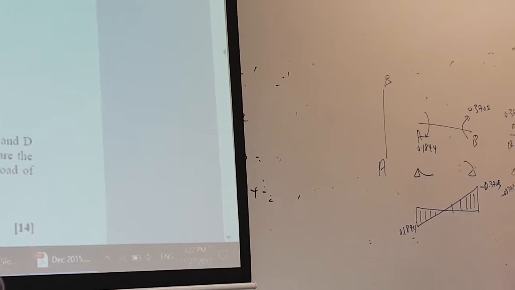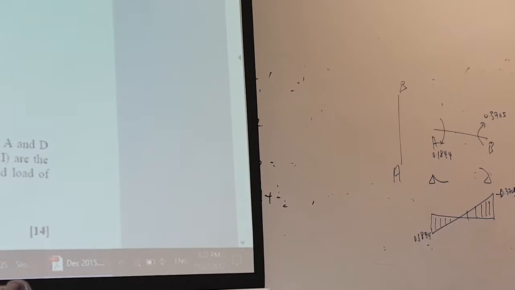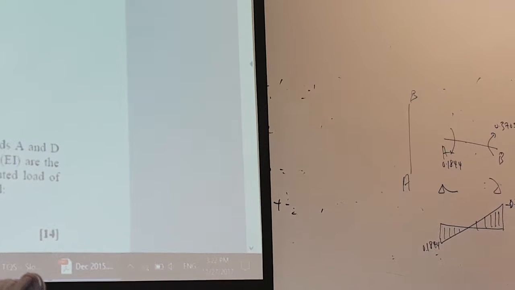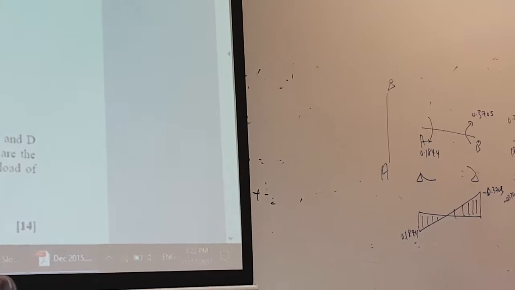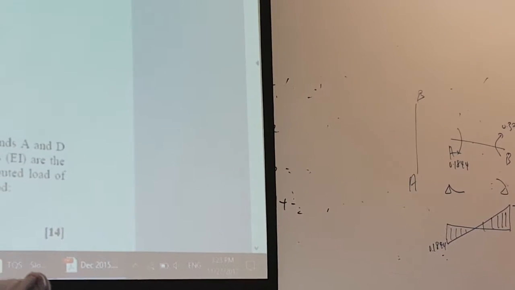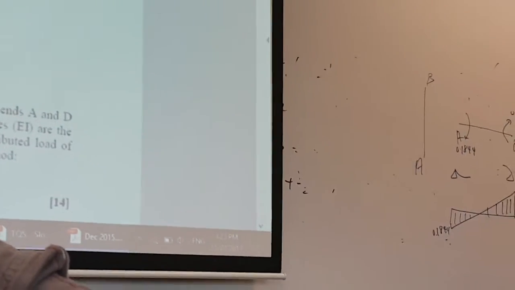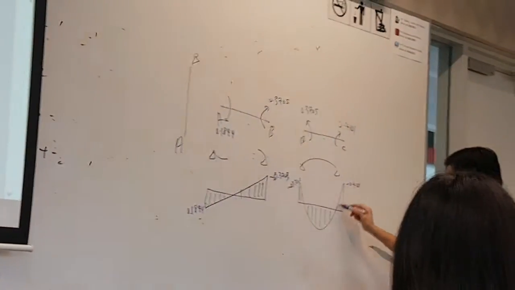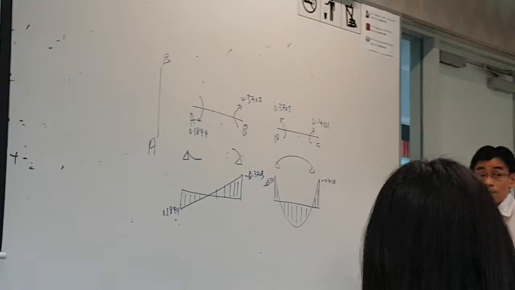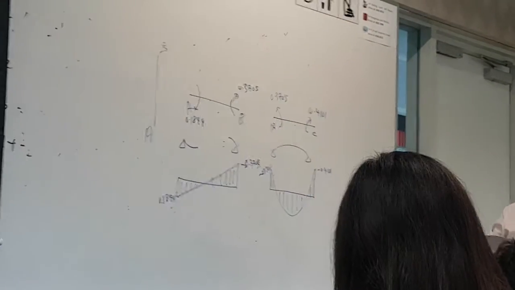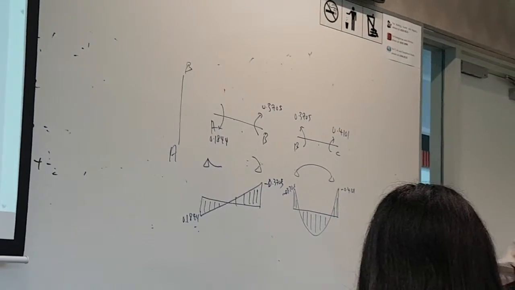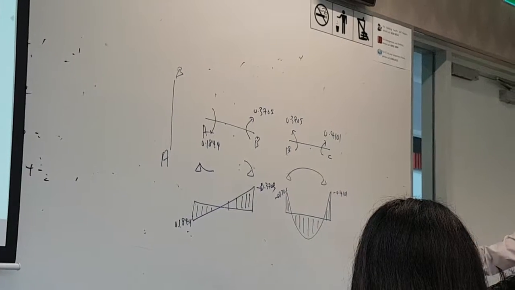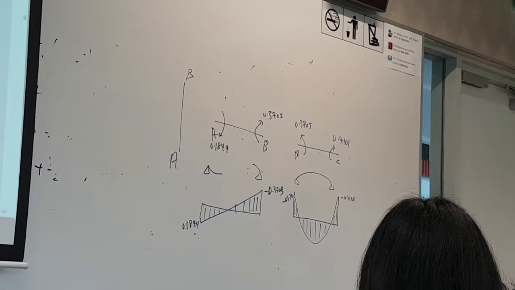If everything is hogging, you roughly know the shape has to be a parabolic shape. It's going to turn this way and go up. So this is the bending moment diagram for this kind of loading condition.